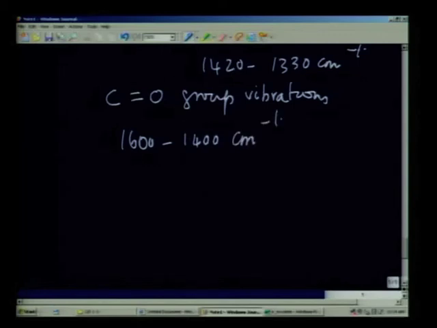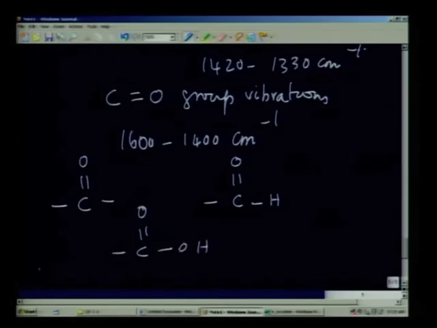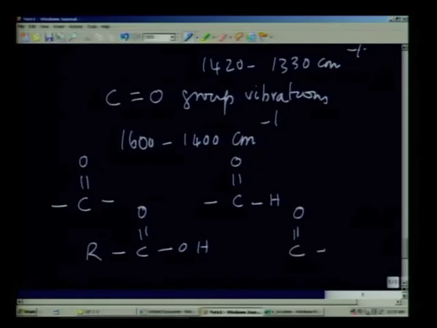For a variety of compounds, the carbonyl group can be a ketone, it can be from an aldehyde, or the CO group frequency may be in the environment of a carboxylic group, or it can be in an acyl chloride.